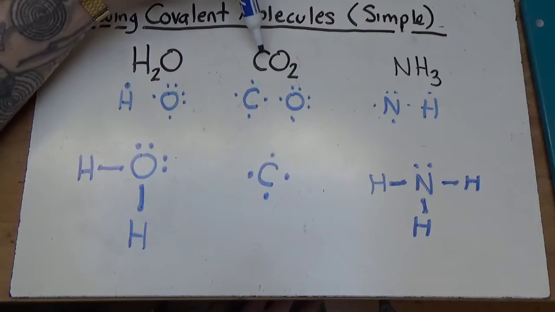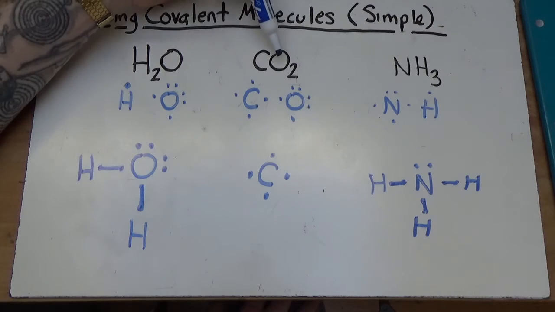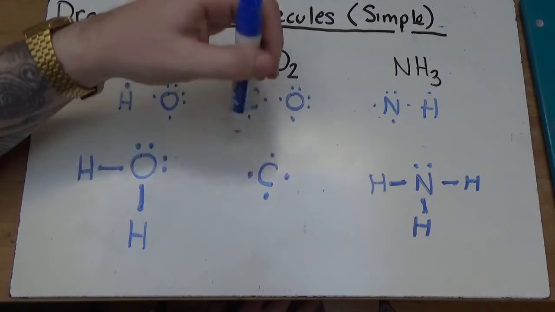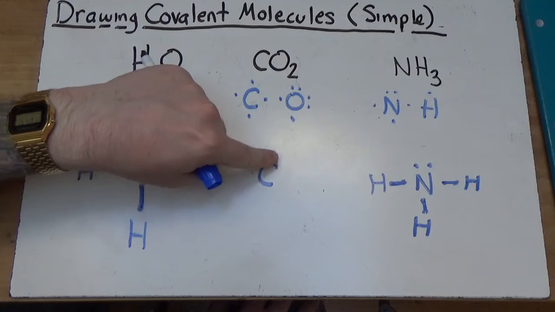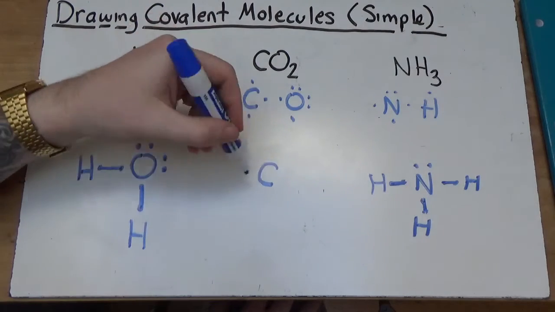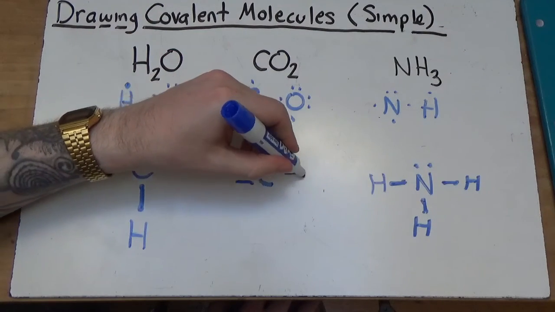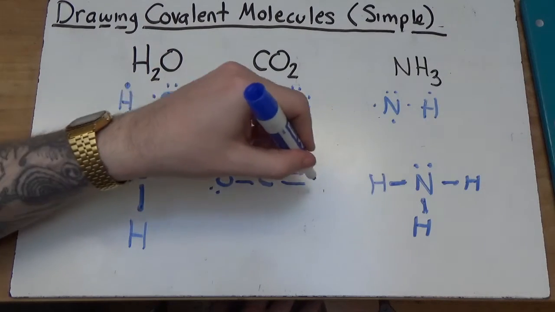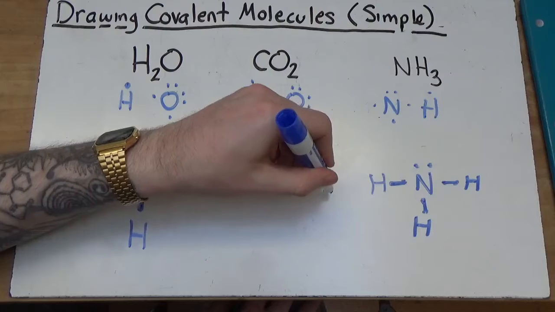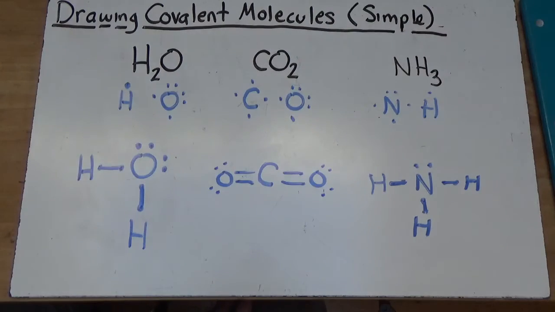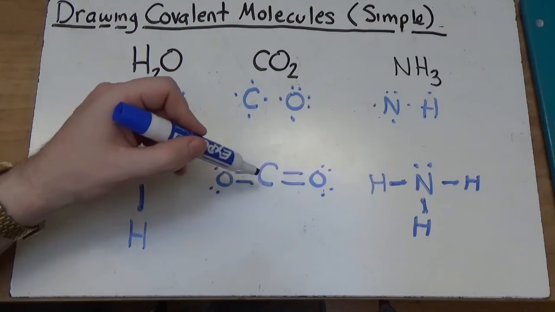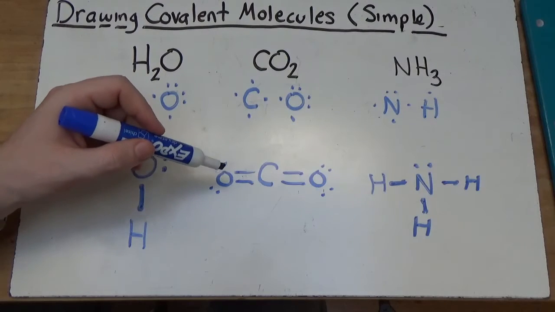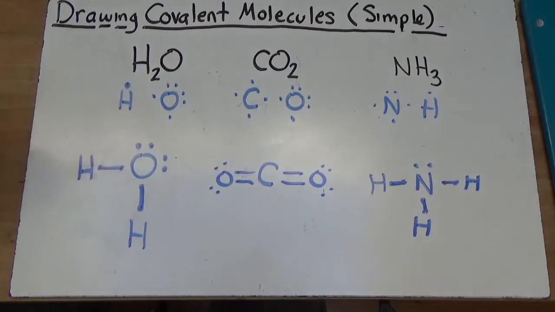Well, there's 1 carbon, and there's 2 oxygens, so I'm going to draw carbon with 4 bonds and oxygen with 2. These double lines between elements are called double bonds. The highest number of bonds is a triple bond.